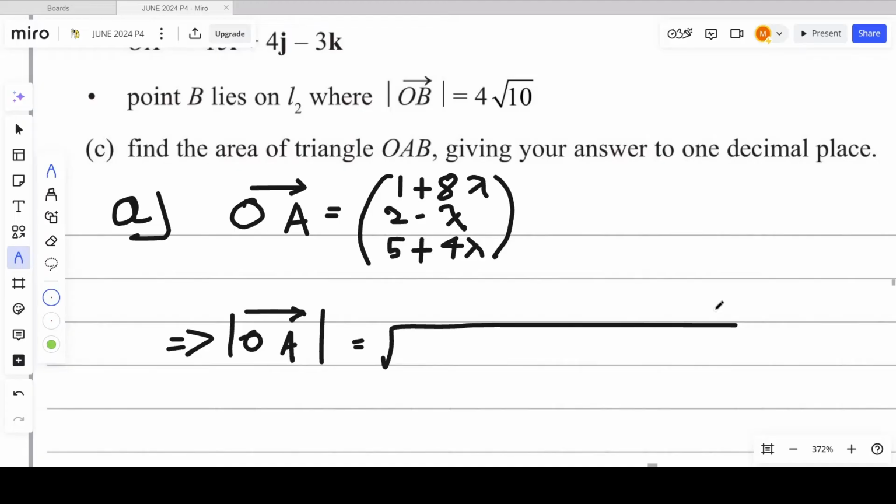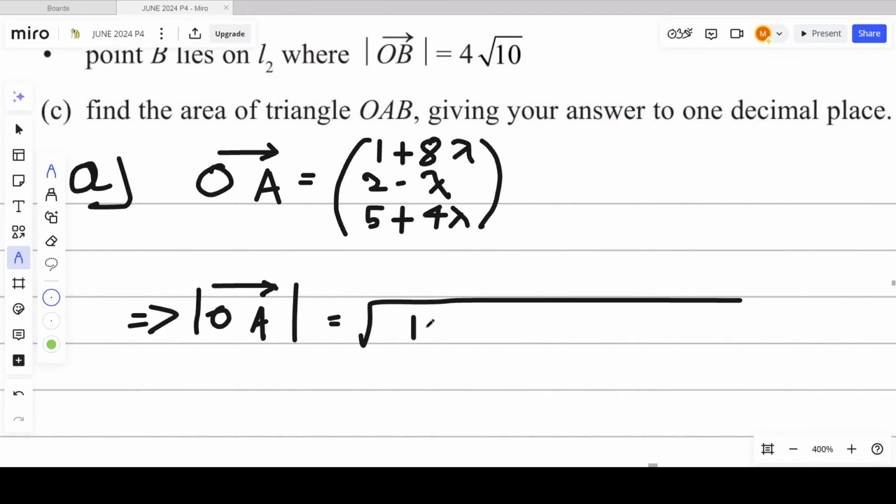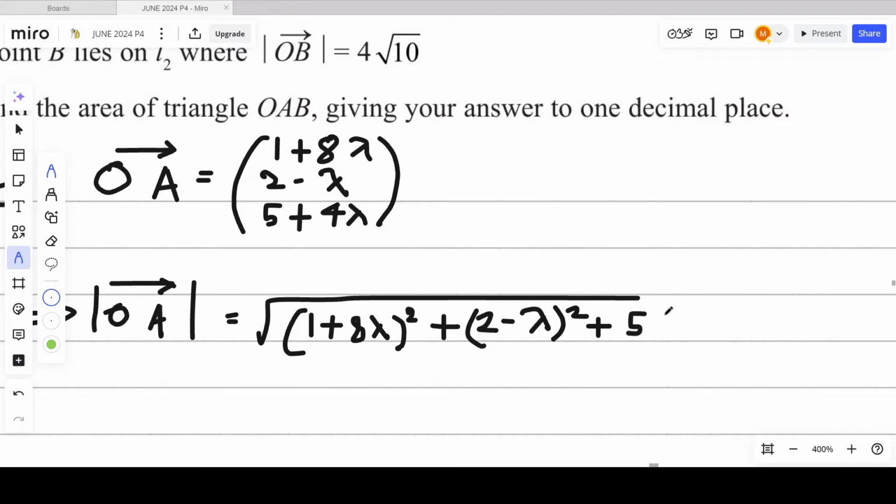So it is the square root of (1 plus 8 lambda) whole squared, plus (2 minus lambda) whole squared, plus (5 plus 4 lambda) whole squared.